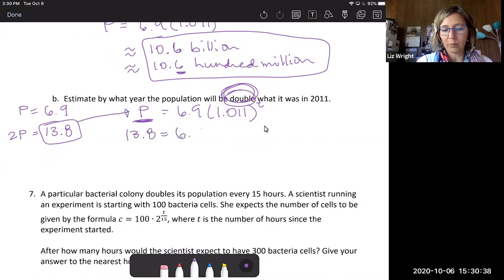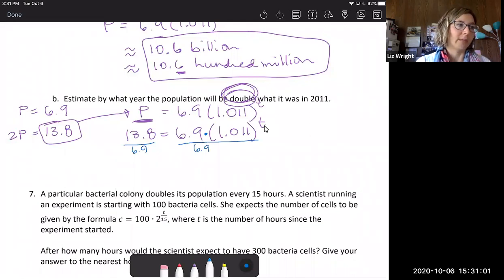That's going to equal 6.9 times 1.011 raised to the T power. So what I would first like you to do is divide both sides by 6.9. Do not subtract. Some people like to subtract here. You're asking yourself what operation is occurring between 6.9 and 1.011 to the T, and it's multiplication. So how do you undo that? You divide. So make sure you're dividing there.